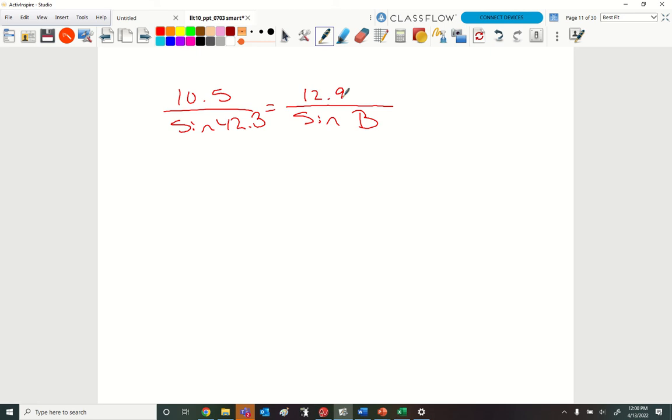Again, I would do the cross products, but you really don't need to go through this every single time. I've taught you how to do this, so I'm going to jump straight to this. After I do my cross products, angle B is equal to inverse sine of 12.9 times the sine of 42.3 degrees divided by 10.5.